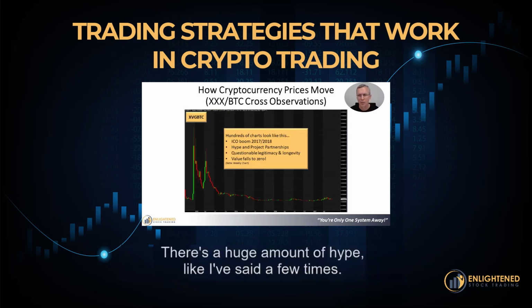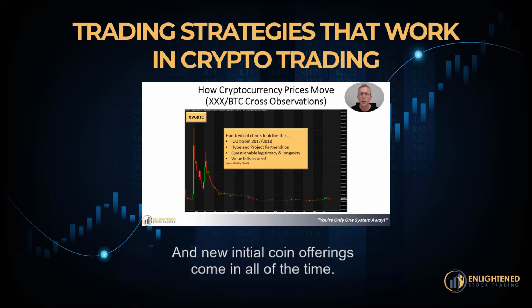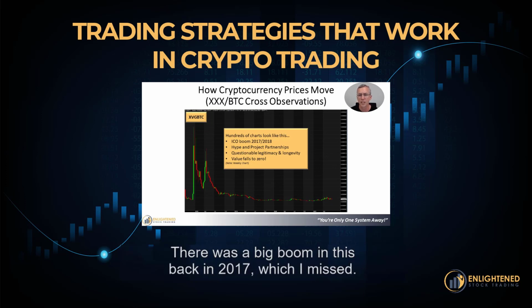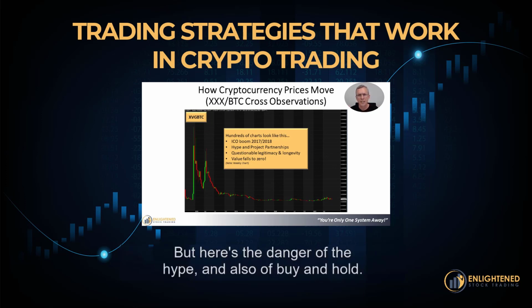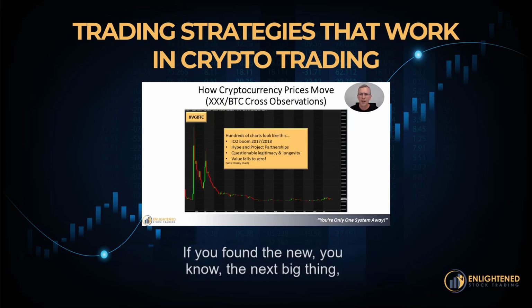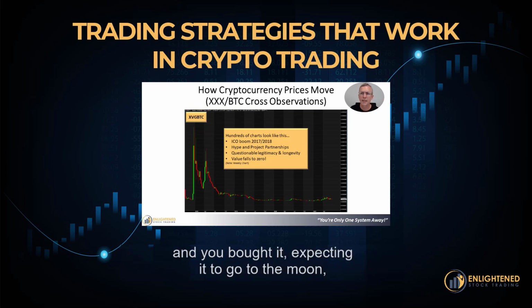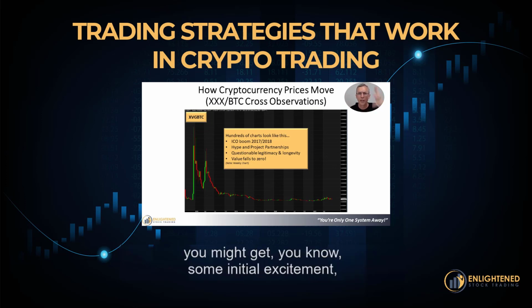There's a huge amount of hype, like I've said a few times, and new initial coin offerings coming all of the time. There was a big boom in this back in 2017, which I missed. I wasn't in the crypto market back then. But here's the danger of the hype and also of buy and hold. If you found the next big thing and you bought it, expecting it to go to the moon, you might get some initial excitement, but most of the projects have really no future.